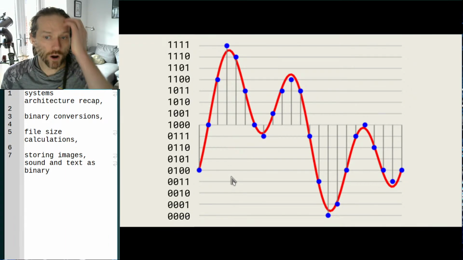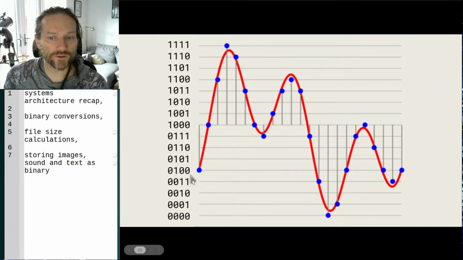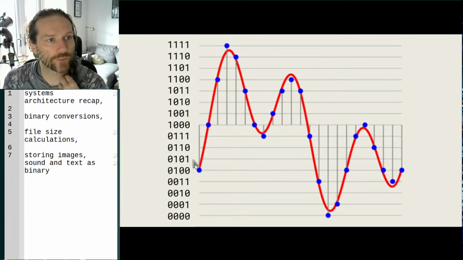Once we've measured every point along that wave and we've snapped it onto one of these levels, we just write down the binary for the level that each sample is at. So this wave would be 0, 1, 0, 0, 1, 0, 0, 0, 1, 1, 0, 0, 1, 1, 1, 1, 1, 1, 1, 0, 1, 0, 1, 1, 1, 0, 0, 0, 0, 1, 1, 1, 1, 0, 0, 1, and so on and so forth.